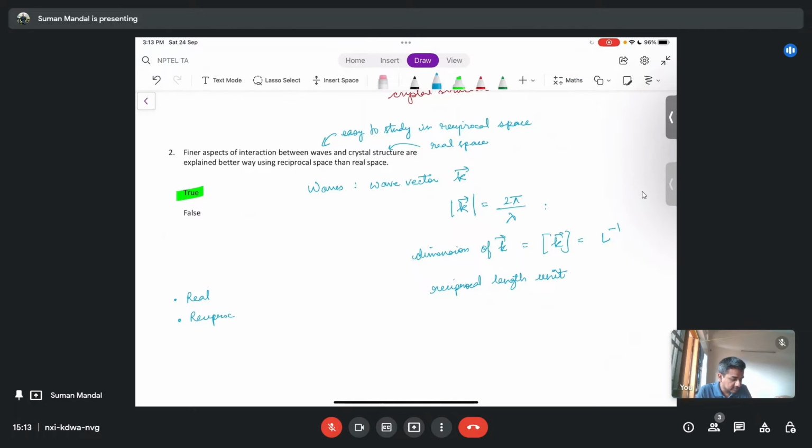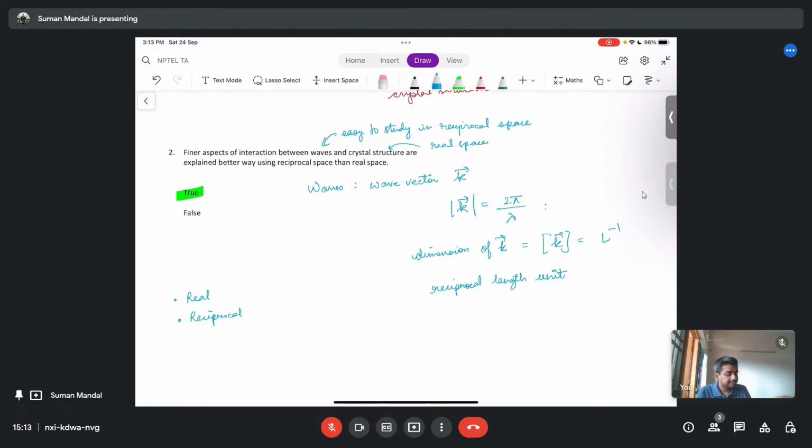And we have to convert both of them to the same space to study their interactions. However, you would also see in the lectures that when we study the reciprocal space, we get some good explanations for the diffraction theories.